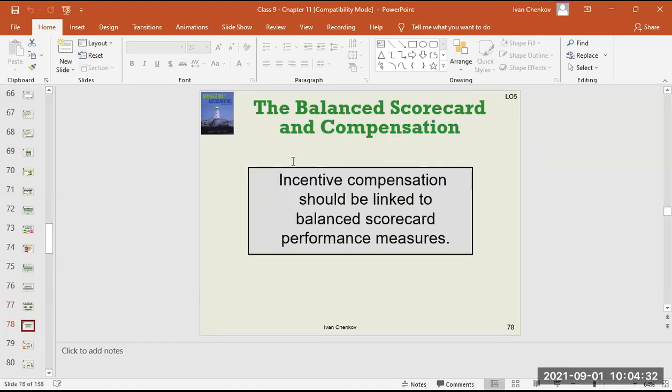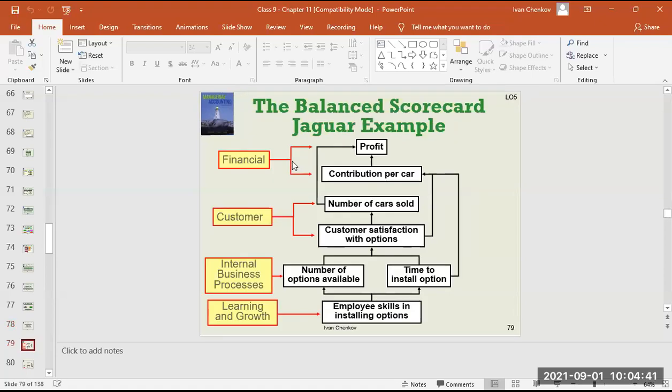The balanced scorecard and compensation: the incentive compensation should be linked to the balanced scorecard and to the performance measures. So that will give you a more fair evaluation of the managers. Again, financials are always going to be measured on the profit. Customers will be how much you're selling, what's the customer satisfaction. More sales, more profit.